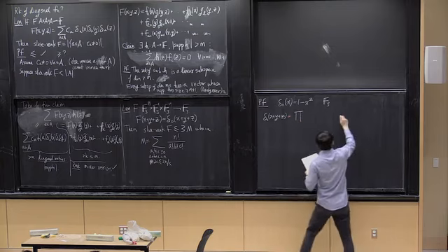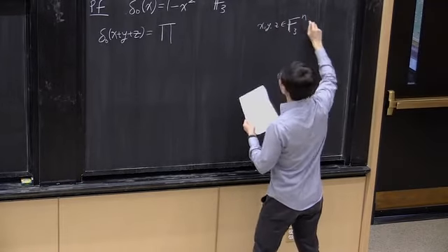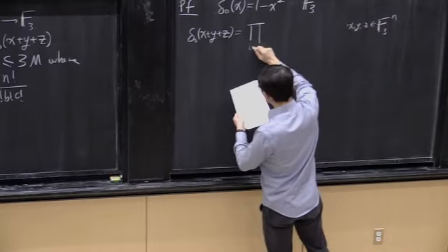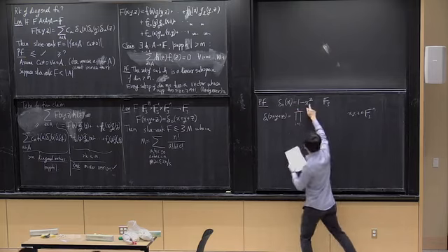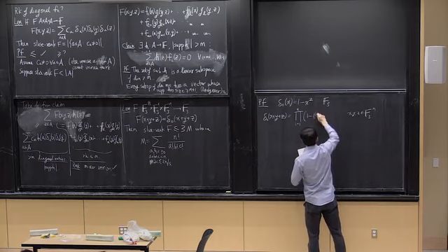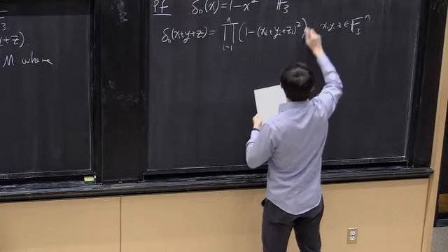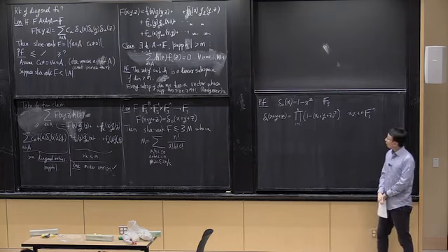Now x, y, z are in F3 to the n. So we find that, applying this coordinate-wise, you have this product.